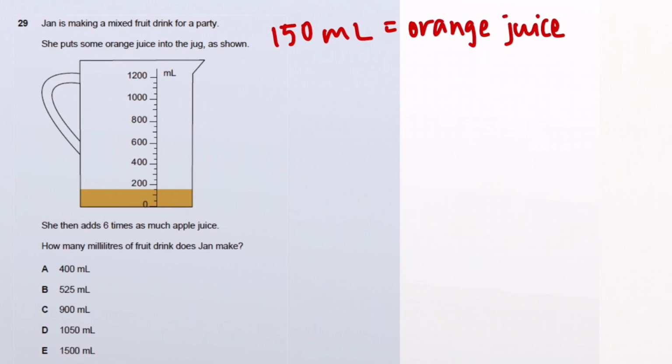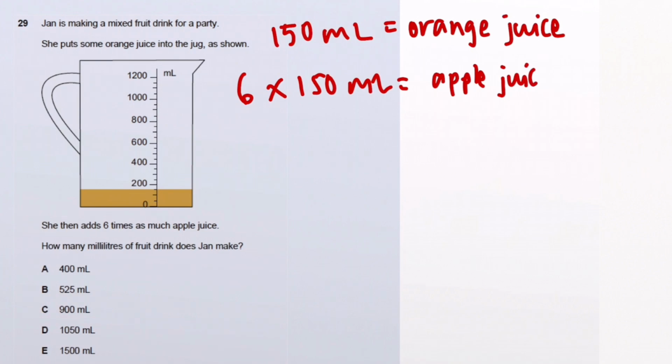And then we know that Jan adds 6 times as much apple juice. So 6 by 150 milliliters is equal to the apple juice. So 6 by 150 is 900, is equal to the apple juice, so the AJ.